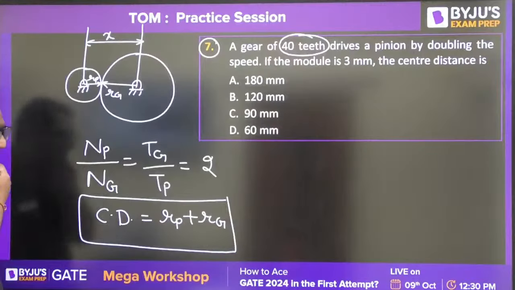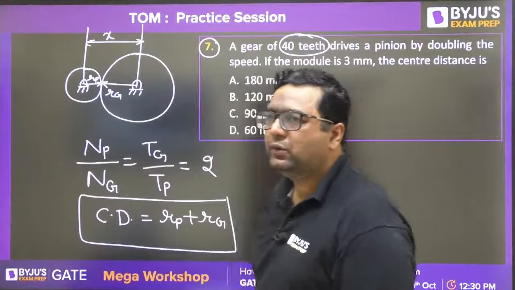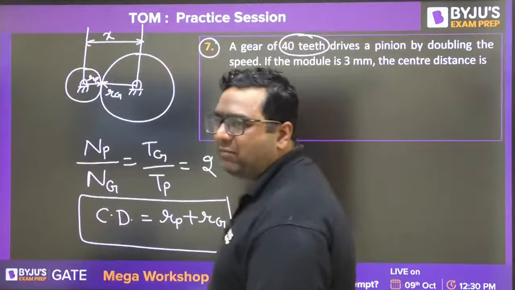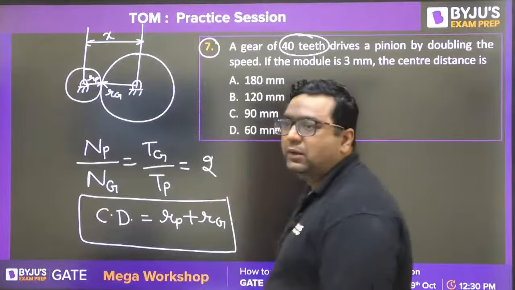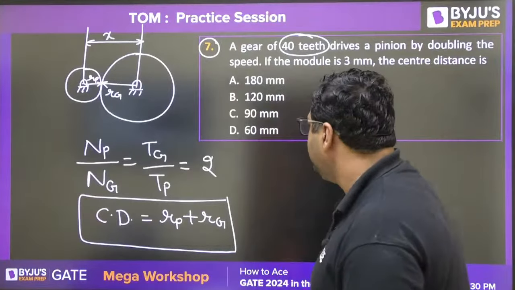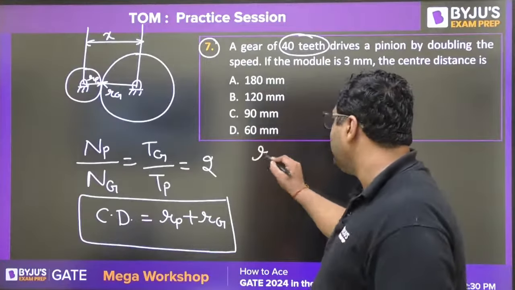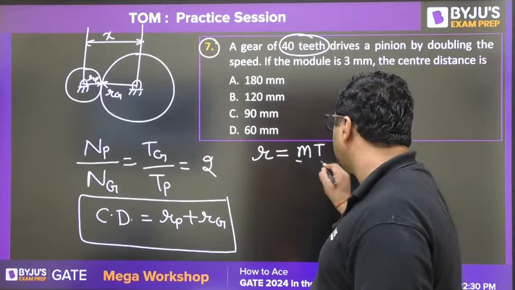You need to solve it, guys. Very good. The answer has already been given by Kiran as 180. Let me see whether it is correct or not. Kiran, once again check it. You know radius can be written as module times teeth by 2.